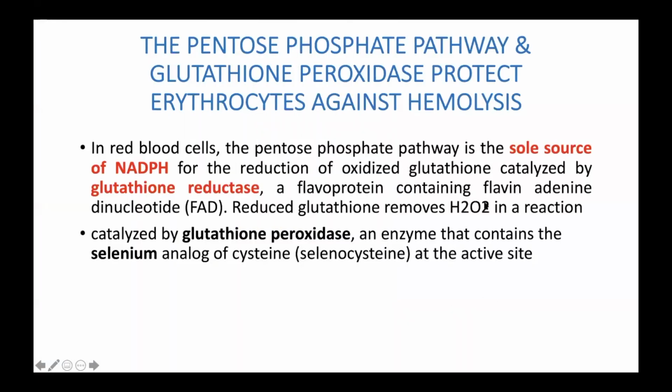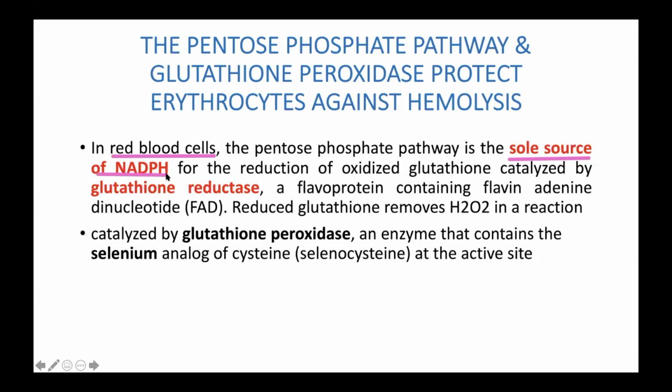Now, let's wind up with the clinical pearls. The pentose phosphate pathway and the enzyme glutathione peroxidase protect the RBC against hemolysis. I want everyone to memorize this. In the RBC, the pentose phosphate pathway is the sole source of NADPH.